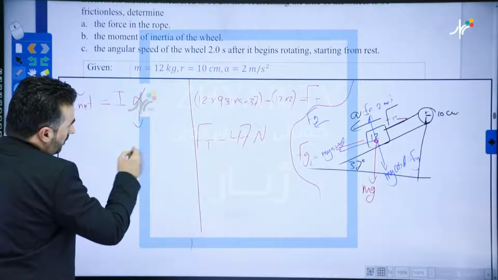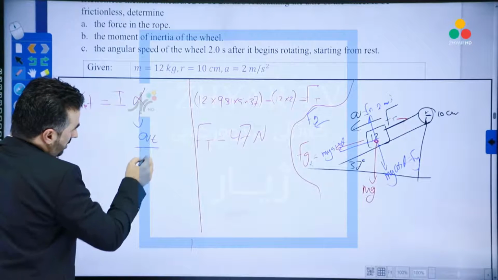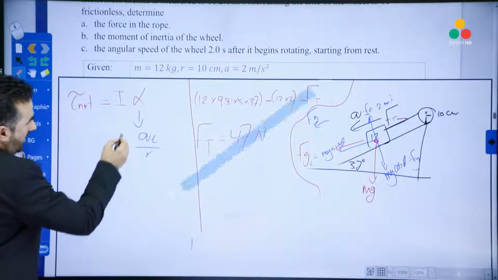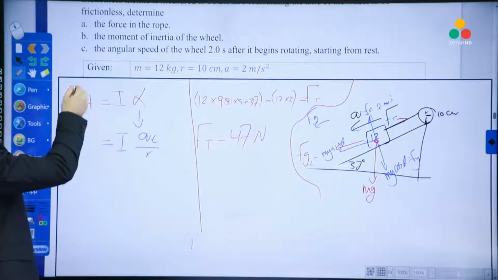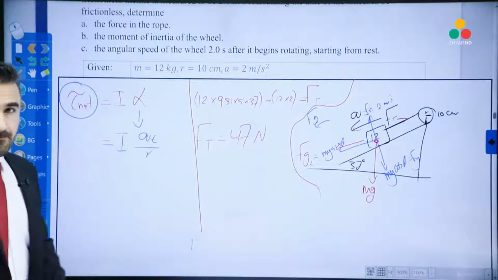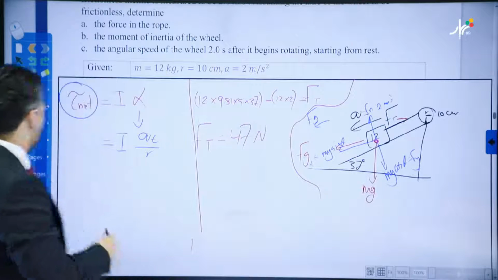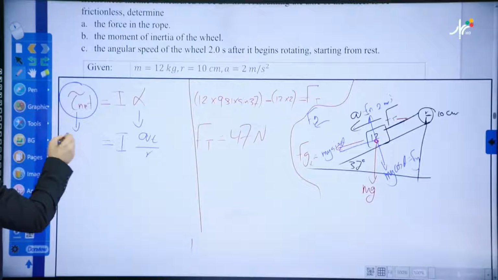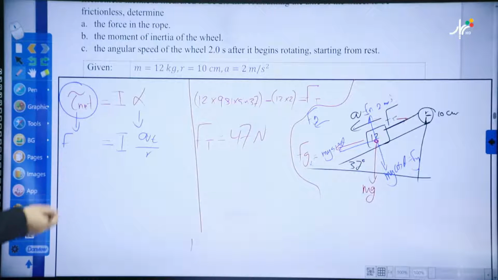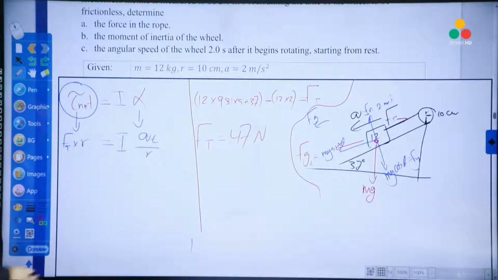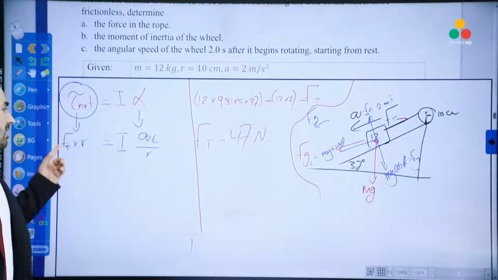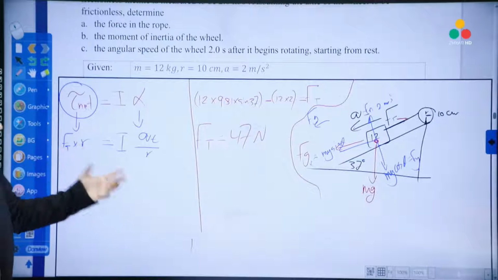Angular acceleration equals tangential acceleration over the radius, and then here's the moment of inertia. What about the net torque? The net torque equals force, F tangent, because that would be tangent to the wheel, multiplied by the radius of the wheel. Or you could just say force times the distance, but what would be the distance here?